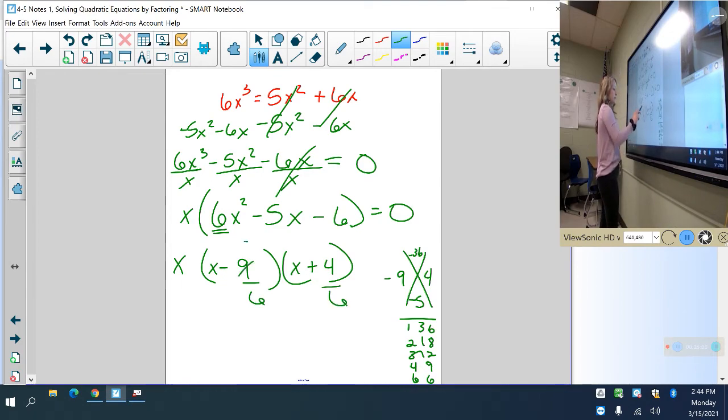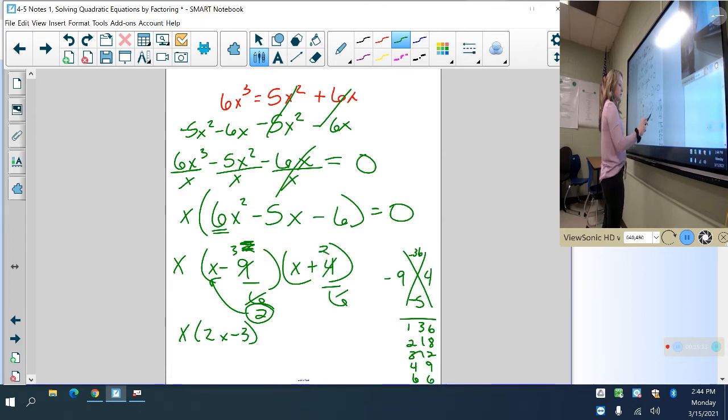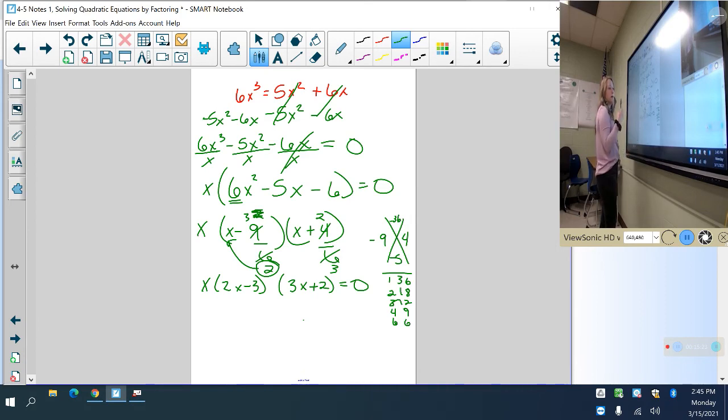Divide by 3, divide by 3 would be 3. Divide by 3 would be 2, so it would be 2x minus 3. This one, divide by 2, so I have 3x plus 2. Now I'm going to have 3 intercepts, and because it's a cube, that makes sense.